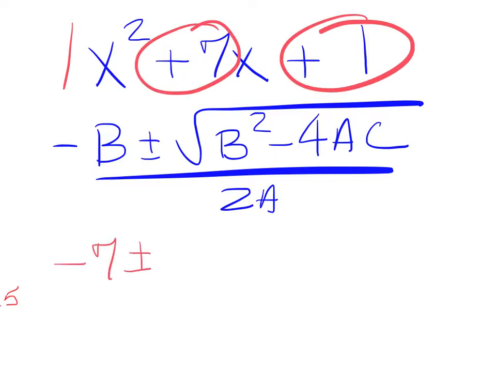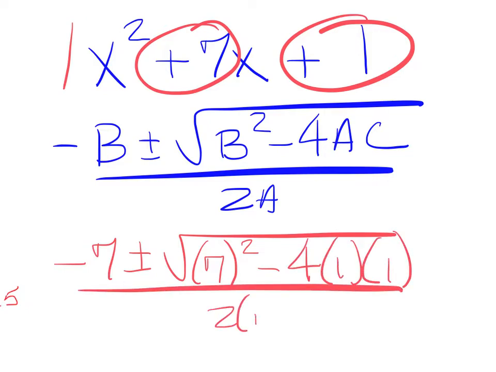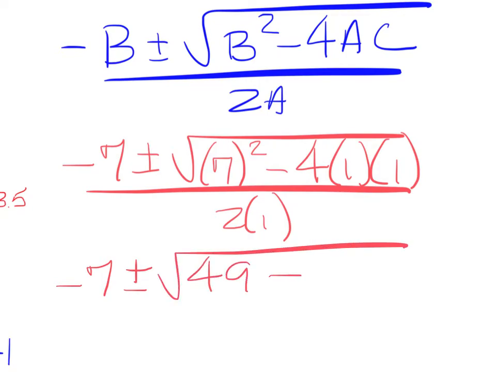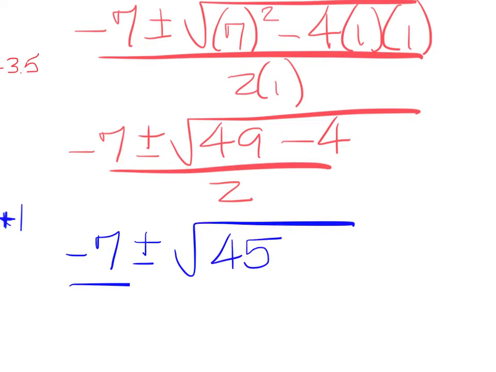So that's negative 7 plus or minus the square root of b squared, minus 4 times 1 times 1 over 2 times 1. So negative 7 plus or minus the square root of 49 minus 4 over 2. And we come out with negative 7 plus or minus the square root of 45, and all of this is over 2.